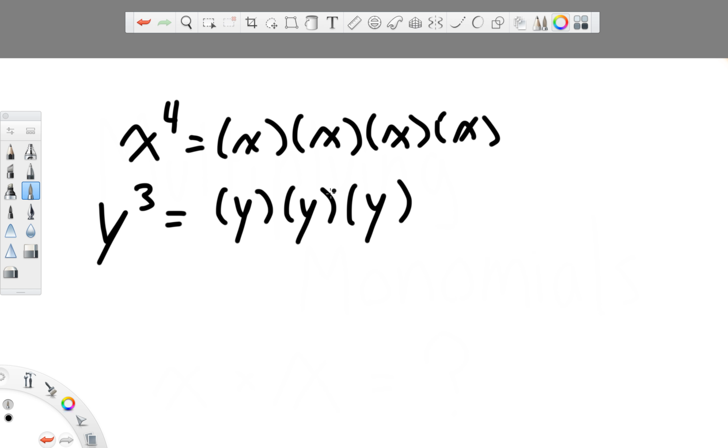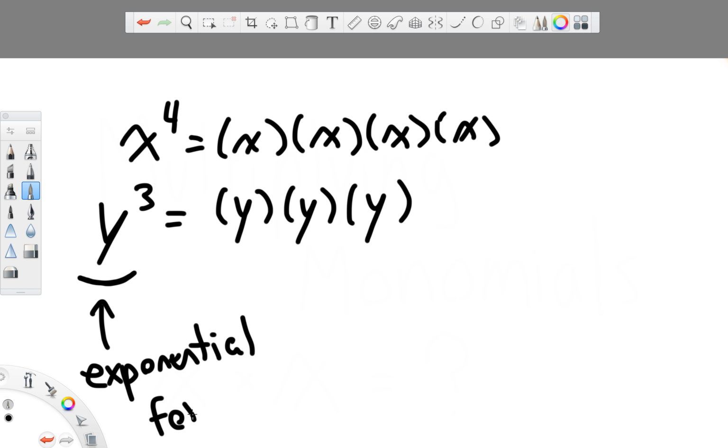Now, when we have a variable with an exponent on it, we call this exponential form. It's pretty straightforward, and we call it that because it has an exponent on it, right?